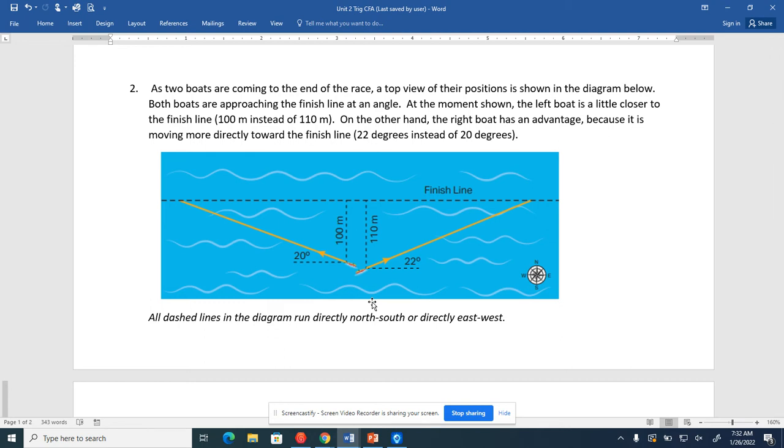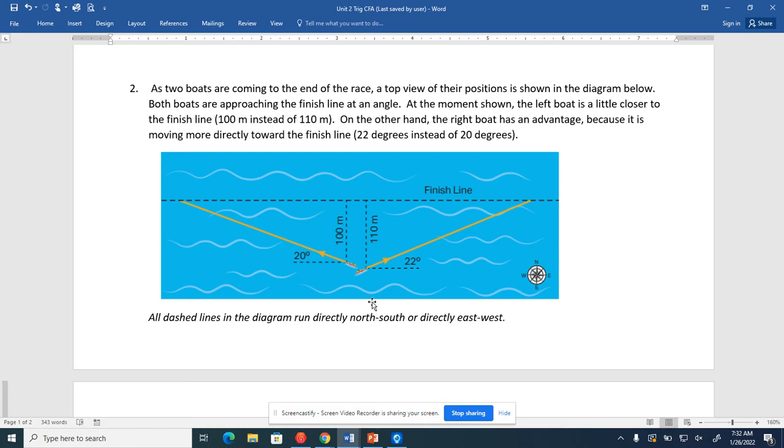So they're not going straight toward it. At the moment shown, the left boat is a little closer to the finish line. It's 100 meters away, where the one on the right is 110 meters away.